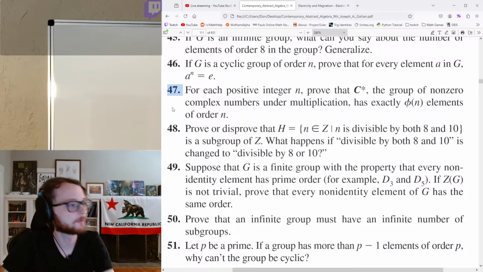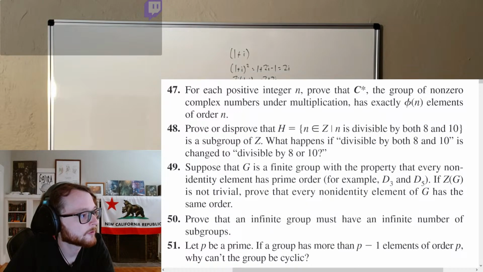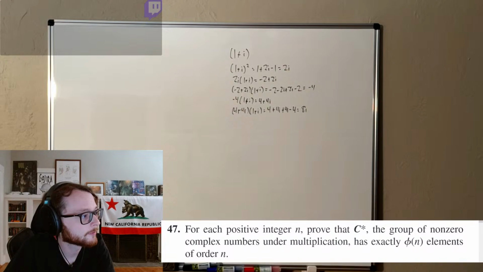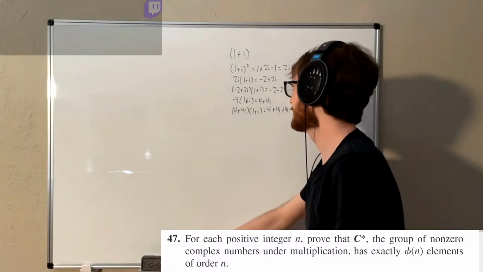Let's just try 1 minus i. Multiplying that with itself a few times, just seeing where that goes. I feel like it can't be something that complicated for an order 3. I guess it could be something fractional that I might not guess.